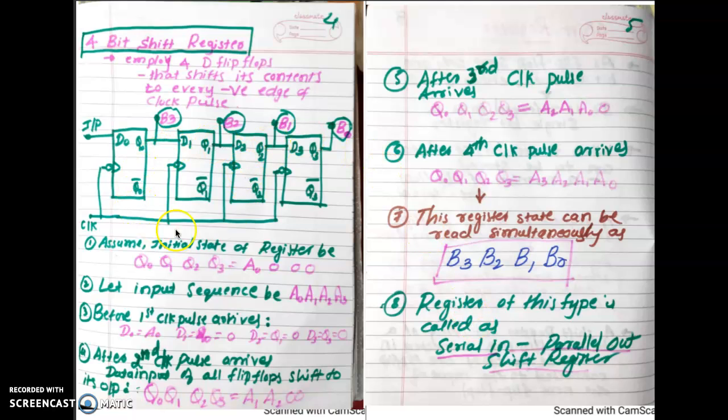That is why this type of register is referred to as a serial-in, parallel-out shift register. The input is fed one after another, but all the outputs are read in parallel.